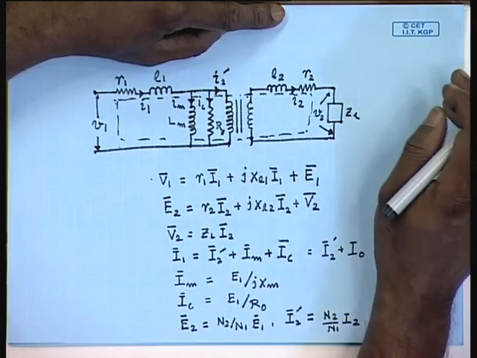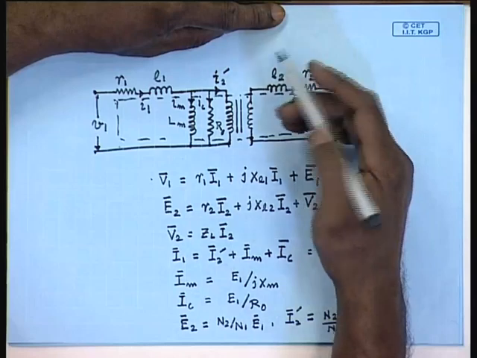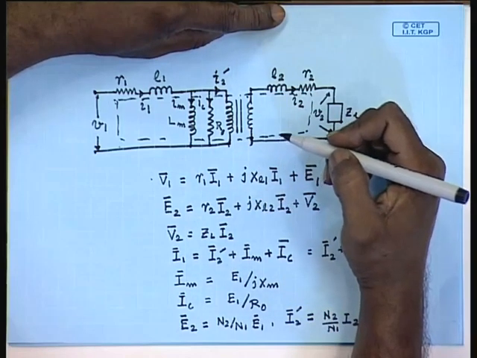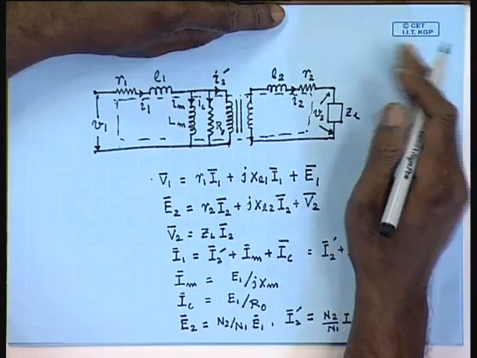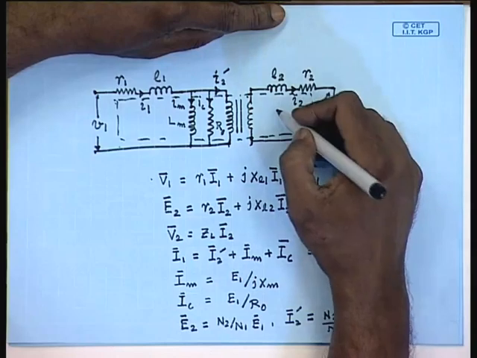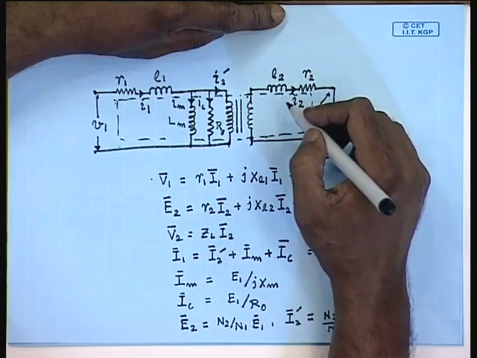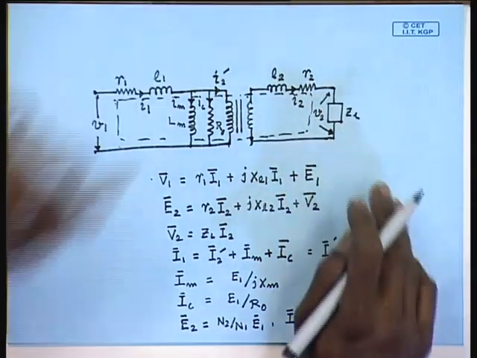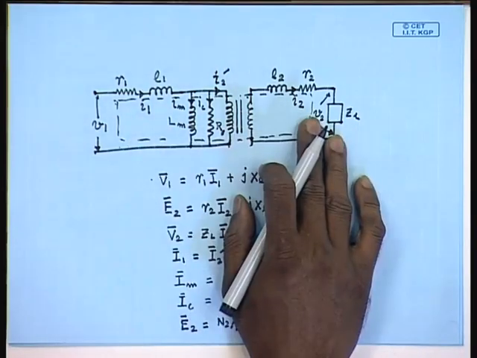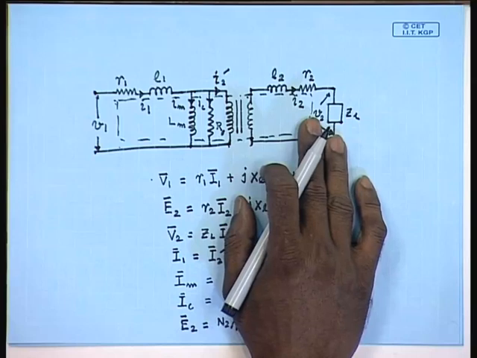Therefore, it will be more convenient if we can eliminate this ideal transformer. This is done by referring the secondary of the ideal transformer to the primary, or vice versa, the primary can also be referred to the secondary. Let us see the first option.